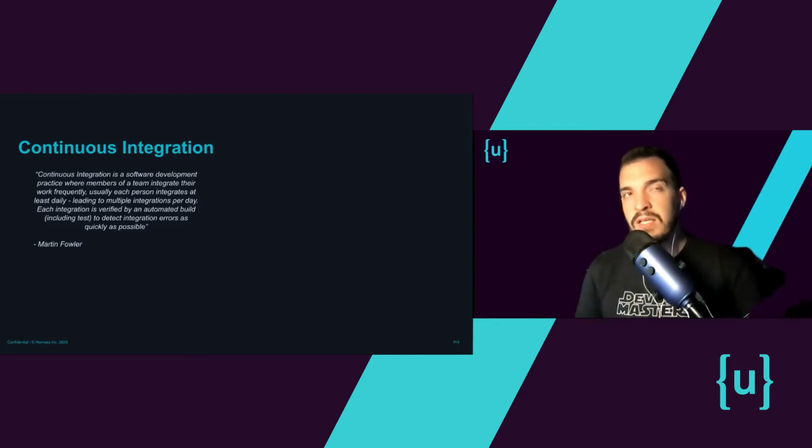If you're not doing it daily, you're not doing continuous integration. Because your teams operate this way, you're going to have multiple integrations per day. Each integration is verified with an automated build and testing process so that you can detect integration errors as quickly as possible.